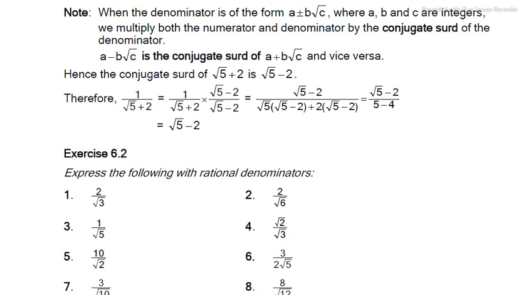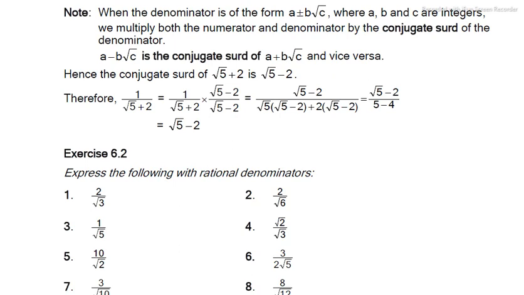When you expand the two brackets, we maintain the second bracket of root 5 minus 2 and split the first bracket of root 5 plus 2, whereby root 5 will multiply the second bracket to get root 5 into root 5 minus 2.